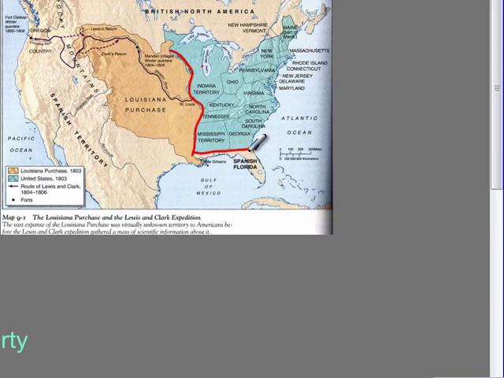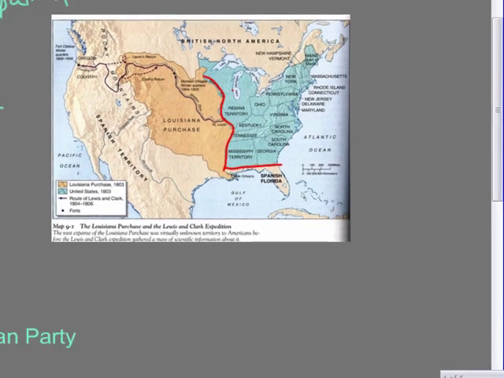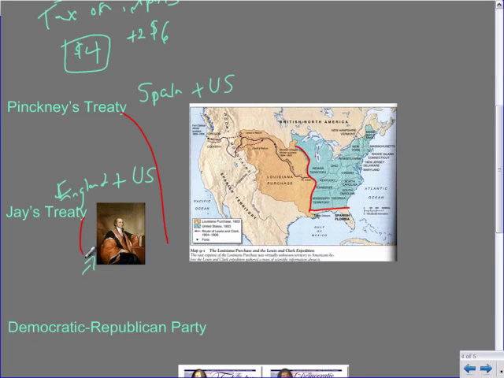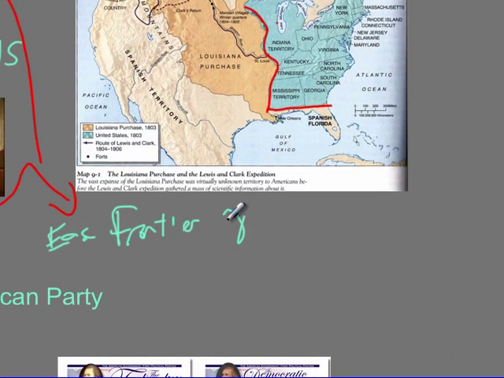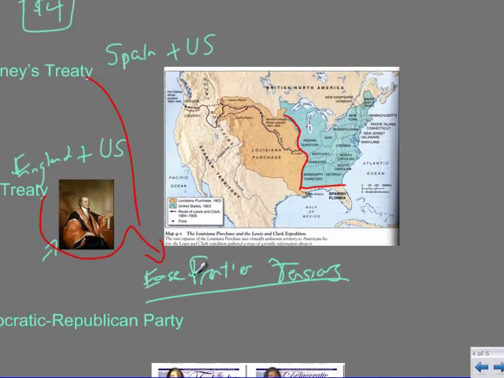And that eases the tensions out in those areas. So both of these ease frontier tensions, and that is a big deal for both of these treaties.